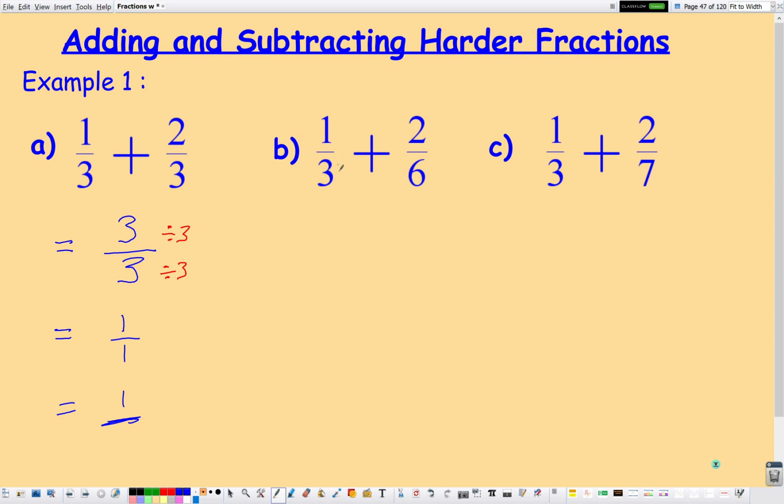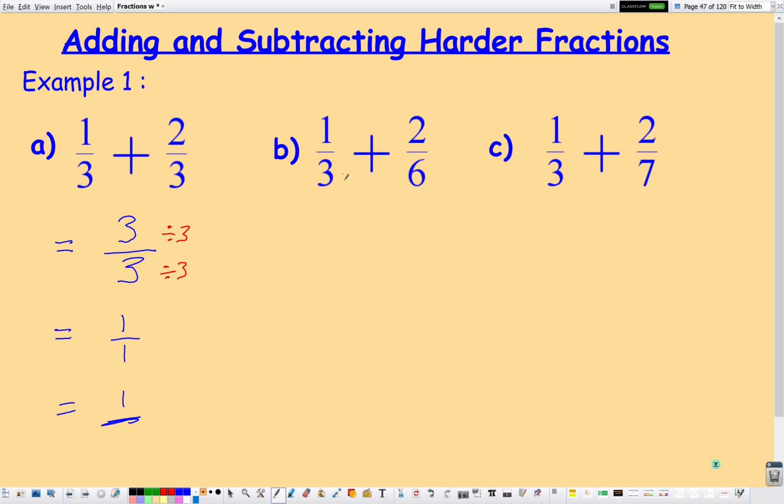But it will change the numbers. It will change the numerator and change the denominator. So this is my task here. I actually need to form an equivalent fraction of this first one in order to make the denominator of 3 match with this denominator of a 6 so that I can add them.